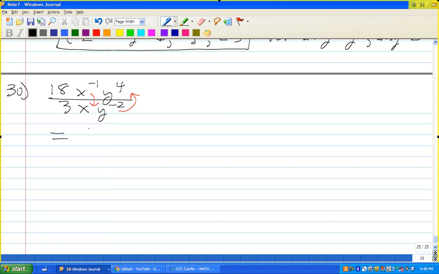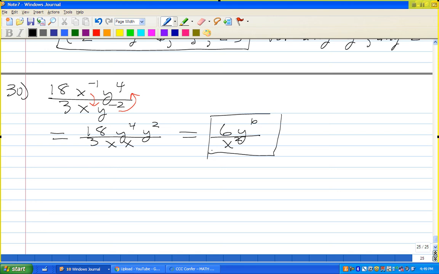So this is the same as 18 y to the 4th, bring up y squared, over 3x, bring down the other x. So this is equal to, well, 18 divided by 3 is 6. y to the 4th times y to the 2nd is y to the 6th. x times x is x squared. And that is your answer.